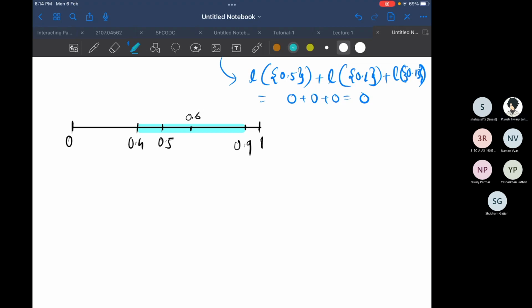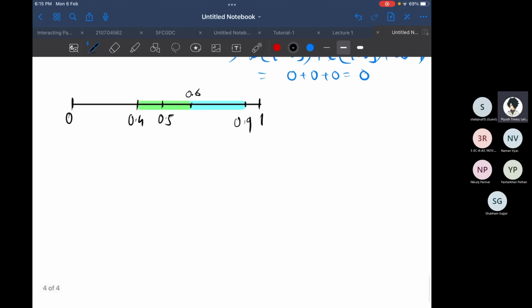But you're saying that if I change my interval and I want the probability of breaking the stick between 0.4 and 0.6, it comes out to be 20%. But notice, what is your event? The first thing was the probability of 0.4 to 0.9.